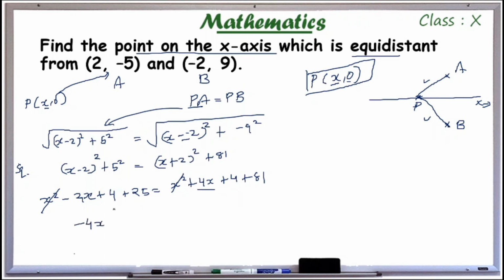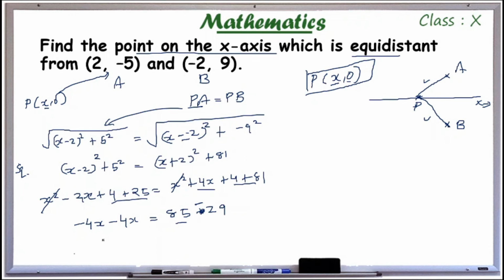Minus 4x minus 4x. I bring the x term to the left side and the number terms to the right side. So 4 plus 81 is equal to 85, and 25 plus 4 is equal to 29. When it moves to the right side of the equal sign, it becomes minus 29.